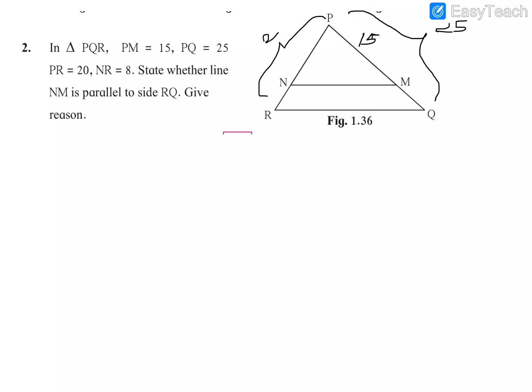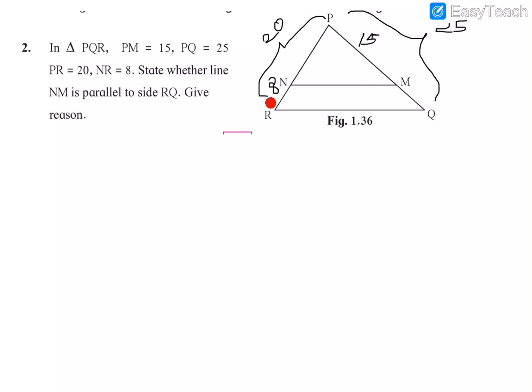PR is this side, PR is 20, and NR is 8. NR is this side. NR I am marking here. For proving the basic proportional sides, we need the ratio between PN and NR, and PM and MQ. So only NR and PM are given. We need to find PN, and then we need to find MQ.